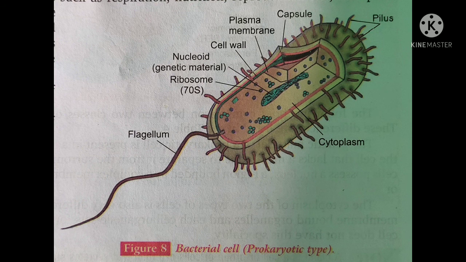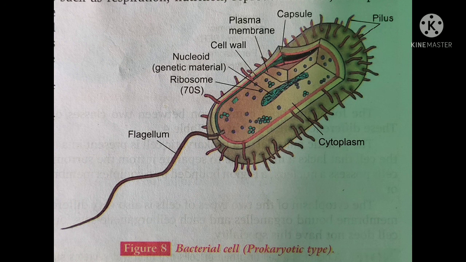An example of prokaryotic cells is bacteria. Flagella are present, whose main work is movement of bacteria. Cilia and pili play a role in conjugation from one cell to another.